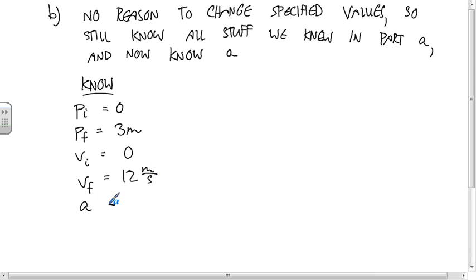And now we know that acceleration is equal to 24 meters per second squared. And what we're trying to find is time final.